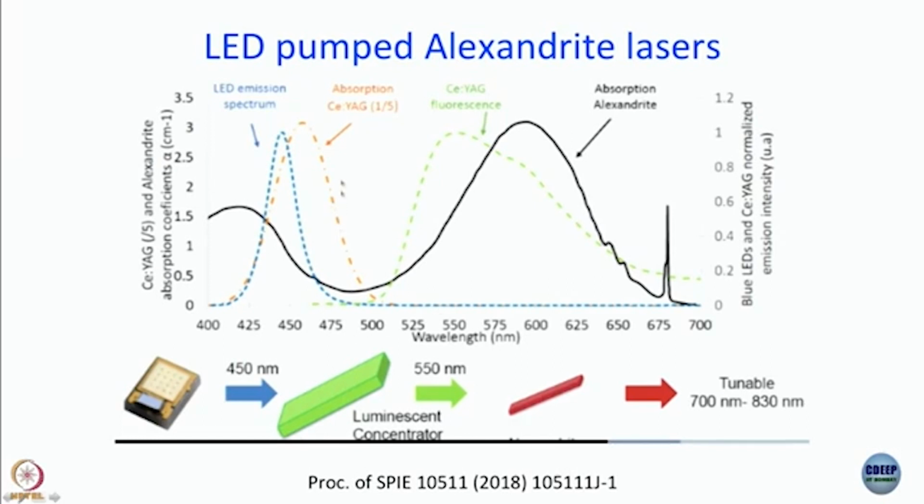Then the emission of the cerium YAG is, you see, very broad emission, 550 or so, and this emission spectrum has a very strong overlap with the absorption spectrum of alexandrite. So, the idea is use an LED, excite cerium YAG, it will emit, somehow concentrate that emission and deliver it to alexandrite. Now, alexandrite can emit.